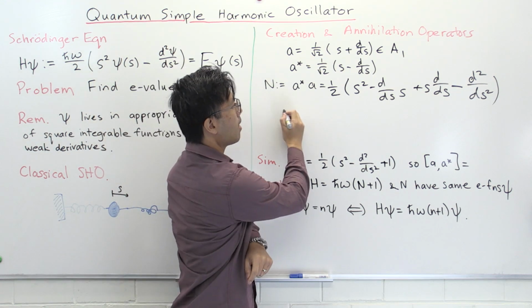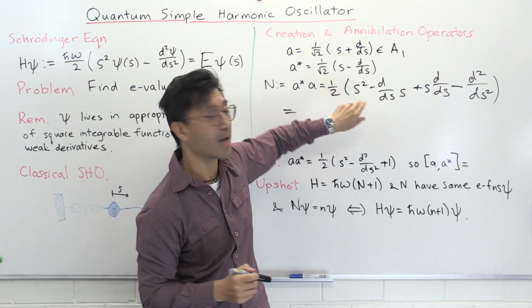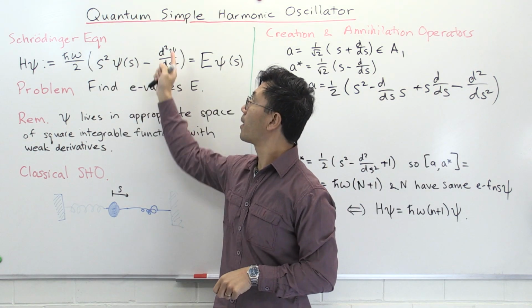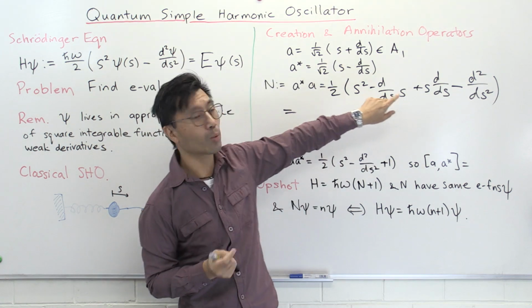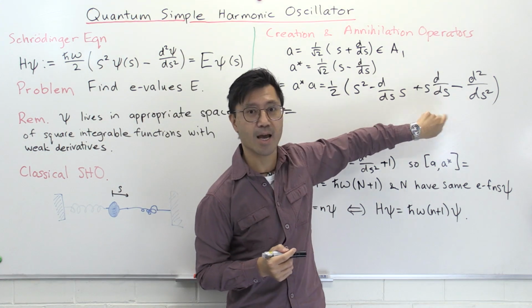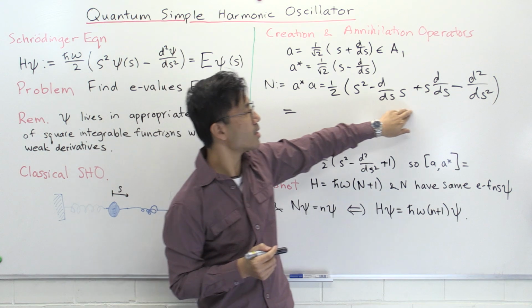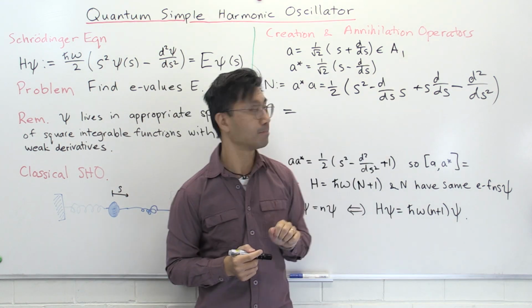So we have two terms which look like what we have over here: s squared and then d squared by ds squared. And let's see what happens to the middle term. You'll notice we'll have a commutator between s and d/ds. Remember, the key relation in the first Weyl algebra is that this commutator, in this case here, is going to give us minus 1.